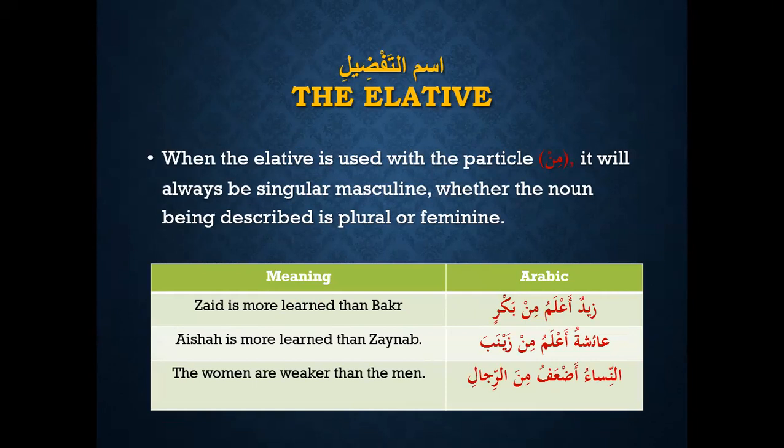So you would say Zayd is more learned than Bakr, so Zaydun a'lamu min Bakrin, which is fine. But even if you wanted to say Aisha is more learned than Zainab, or Zayd is more learned than Aisha, even in those situations you have to use the singular masculine form. Aishatu a'lamu. You do not use a feminine word there. Okay? You do not say more knowledgeable in a feminine word.